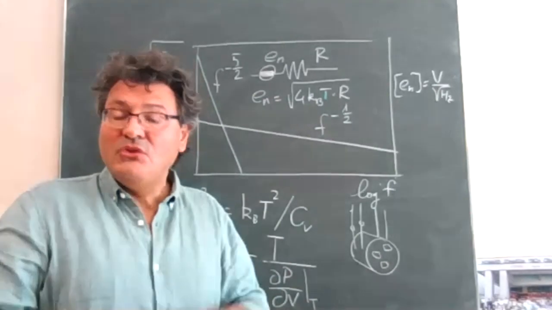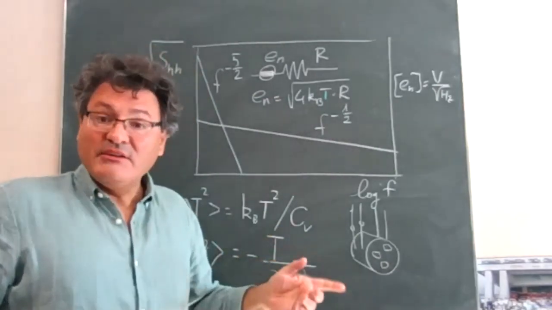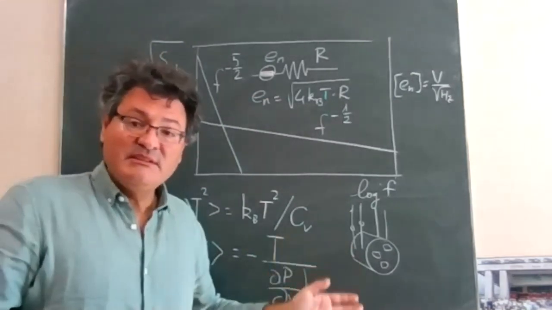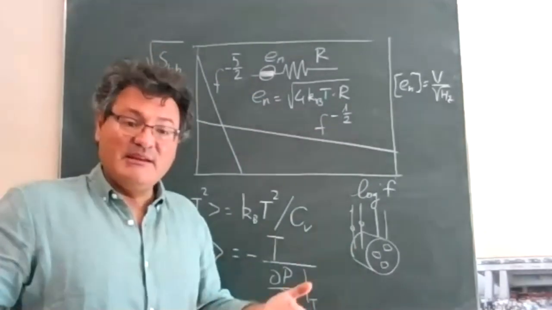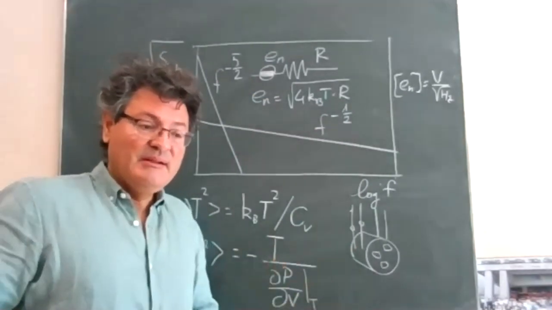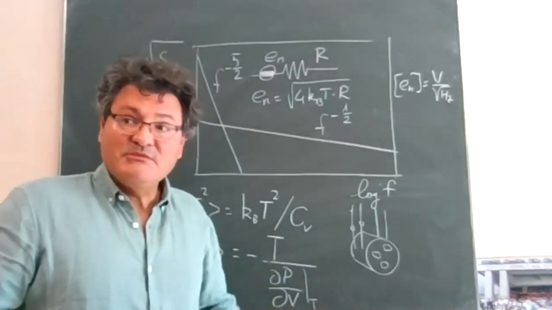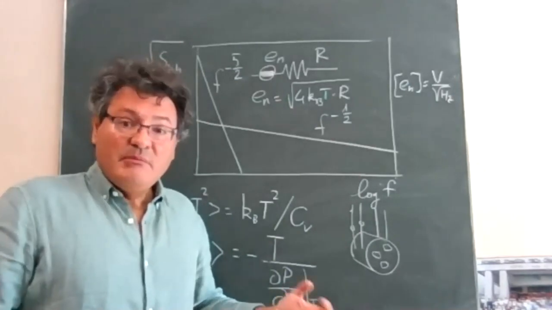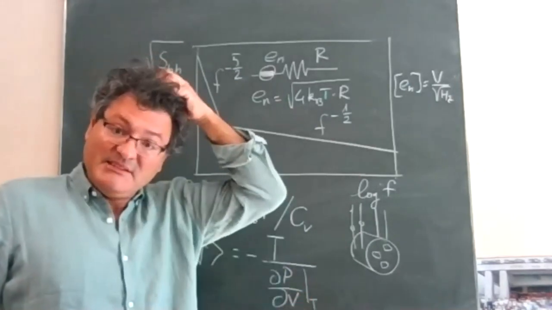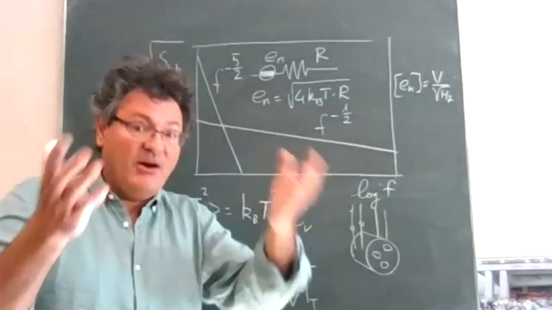No matter if we observe a current, voltage, displacement, or temperature, it doesn't matter. This equation even produces the black body radiation, for example, because the black body radiation is practically the thermal noise of the electromagnetic field produced in an oven.